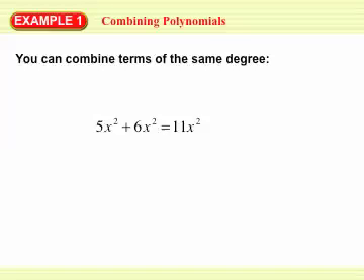I'm not multiplying terms together, so I don't need to do any adding of exponents. I'm simply counting up in total how many x squareds I have here. Here's another example that you may have seen in the past. If I had 15 x's and added 2 more x's to it, I ended up with 17 x's. This is simply an example of combining terms with the same degree.